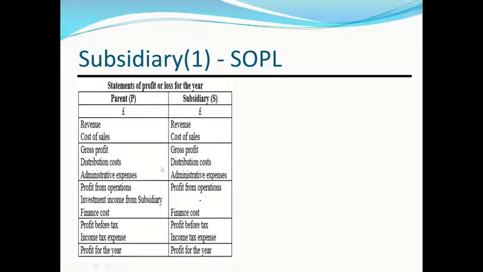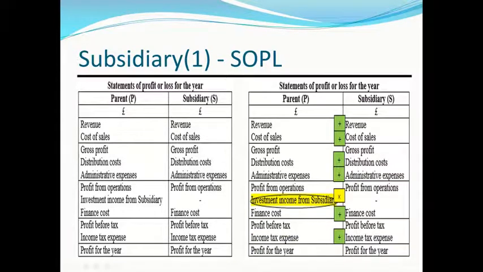So if we have a statement of profit or loss for the parent company and the subsidiary, the first step here, if there is any investment income received from the subsidiary, this needs to be excluded, and this will be replaced by the detailed items in the statement of profit or loss for the subsidiary.